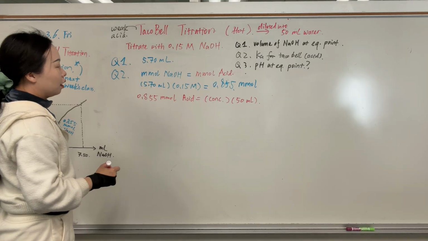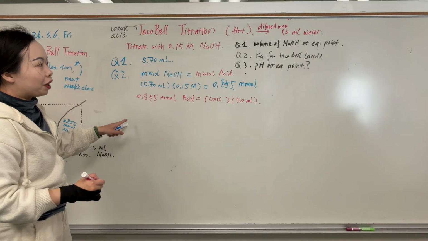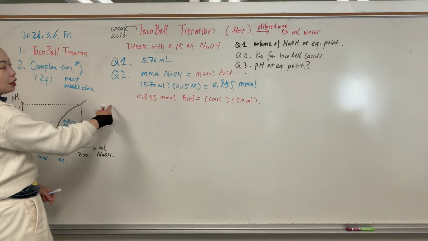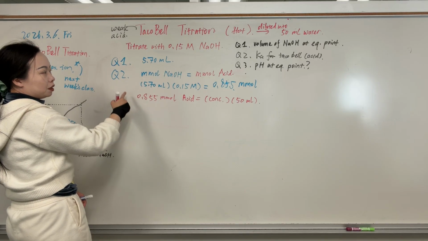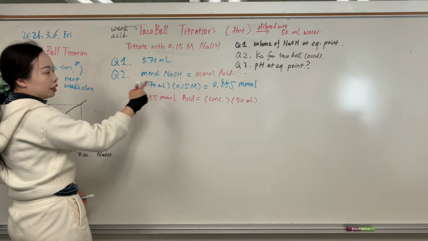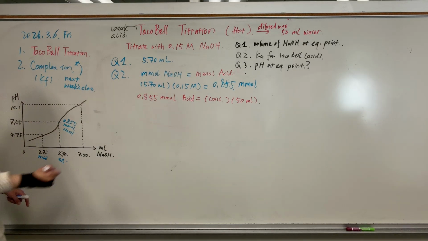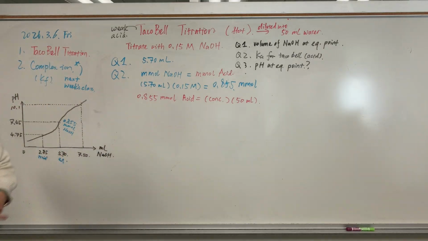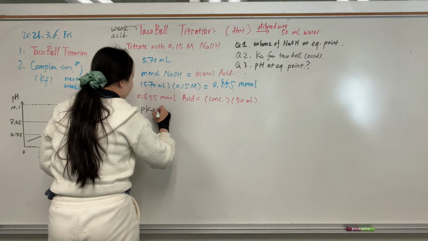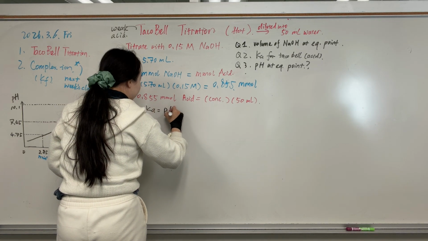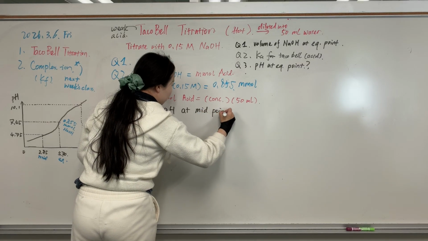That's something we don't need for now, but we will move on to solving for Ka of the weak acid. From our flowchart, the first part is to solve for moles of acid and base. Ka, half of that, pKa. pKa equals pH at the midpoint.